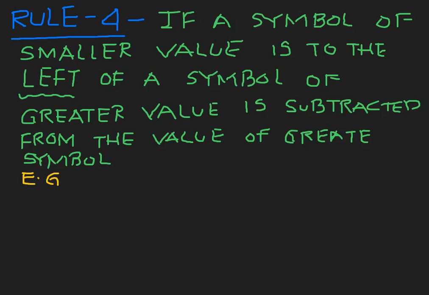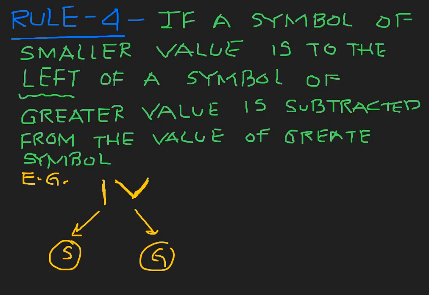If I write a symbol V, means 5, and if a smaller symbol is on the left of a bigger symbol, if I write this I, since I is smaller and V is greater, 5 is bigger, and I is on the left side, so we have to subtract them. I have to write it as 5 minus 1, that is, from the bigger symbol I subtract the smaller symbol. The answer will be 4.